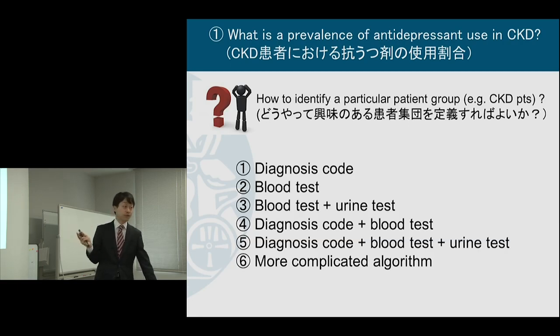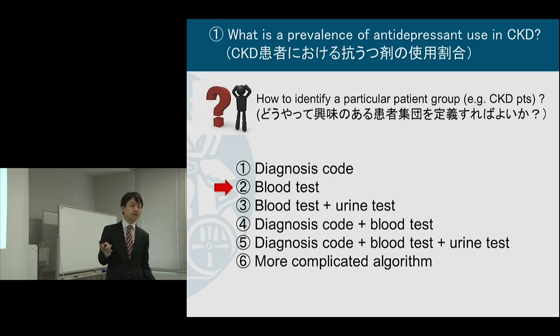And in the case of chronic kidney disease, diagnosis is kind of notorious for its low sensitivity. So if available, I wanted to use biochemical information such as blood test and urine test. And my decision was blood test. And I decided not to use urine test, mainly because, of course, urine test is very attractive to identify proteinuria.